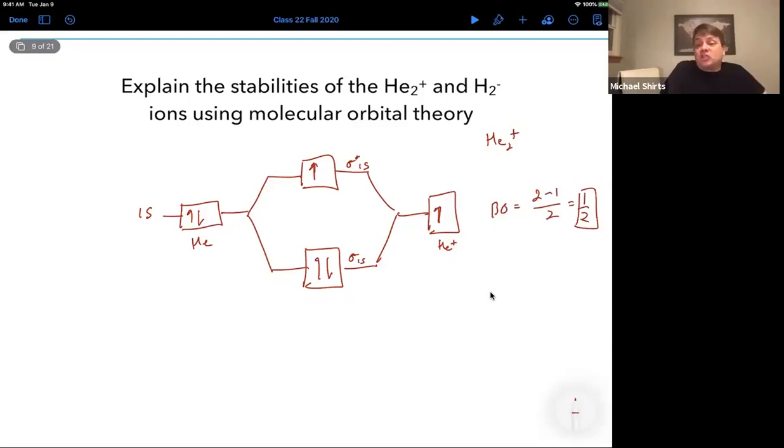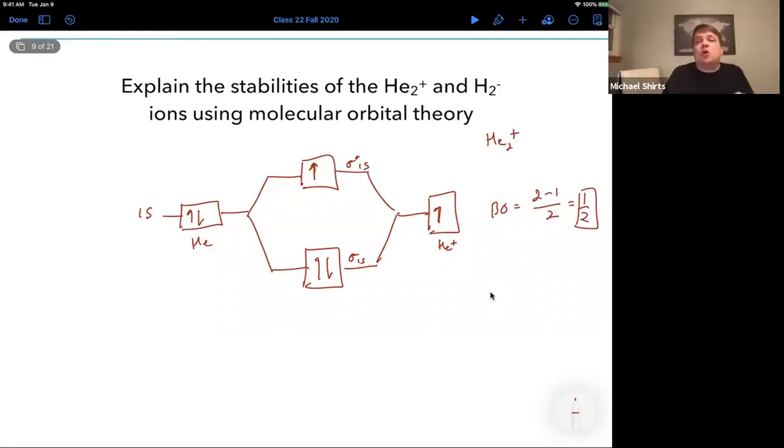And that's essentially what is seen, that the He2+ ion is an ion you can create and has moderate stability. It's more stable than a helium atom and a helium ion floating around separately. Now, of course, it will react with other molecules and form other things, because it's not that stable.